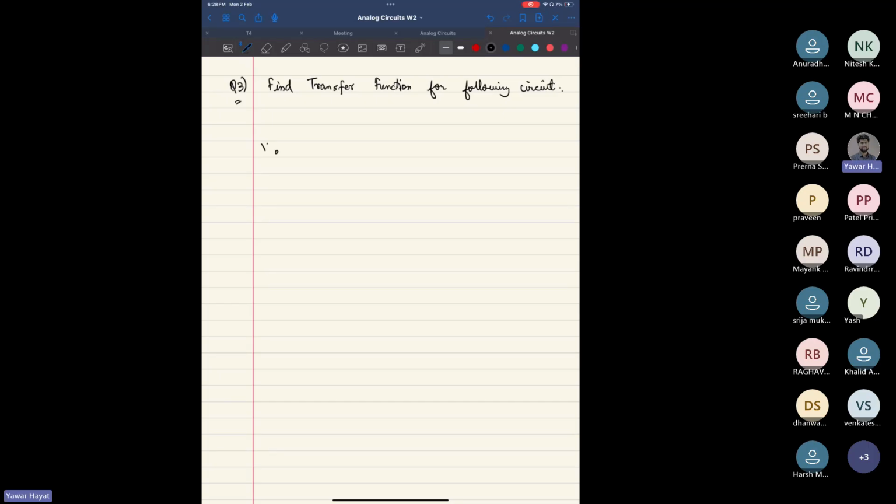This is VI, this is your R1, this is VO, this is RF, and let's say we have a capacitor in parallel.